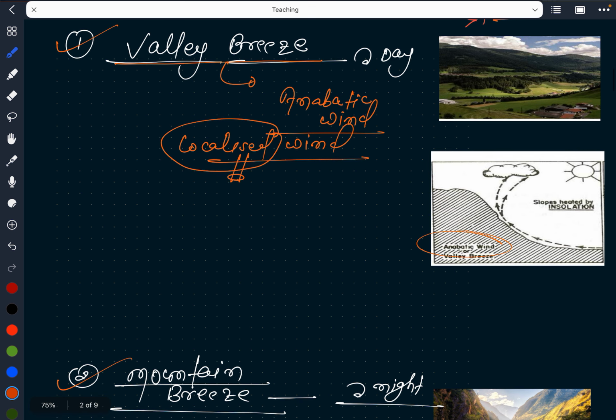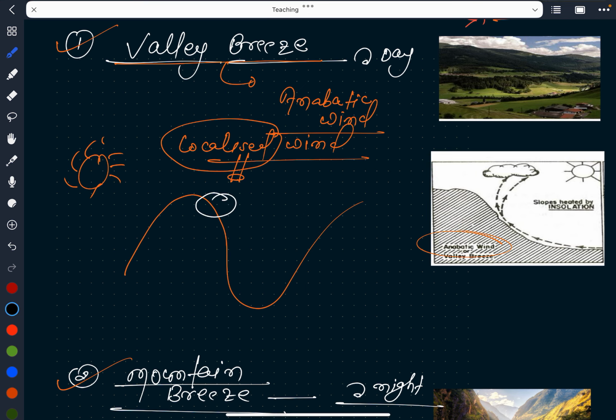So see what happened is that during daytime, you see this diagram, the sun is there. This region is your mountain slope or top of the mountain, you can call it by any name. And this region is your valley floor.